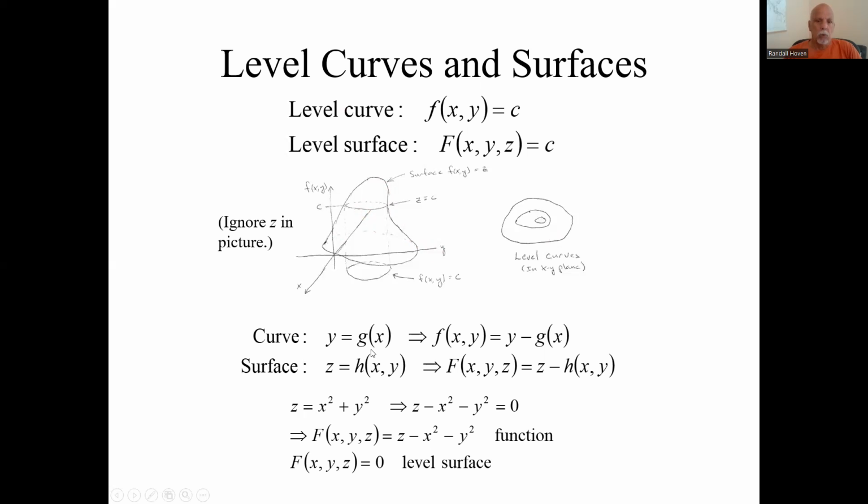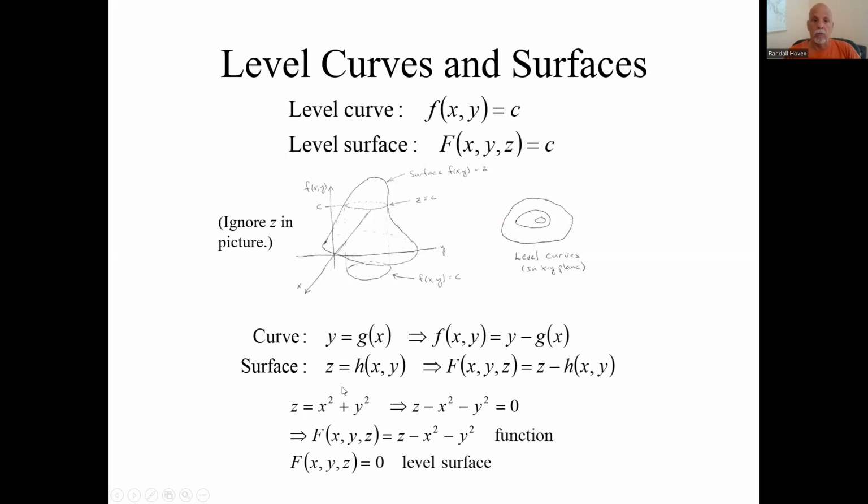So usually one of the first things we need to do, a lot of times if you just have a function of x and y, so y is some function of x, we make a level curve out of it by just getting all the variables on one side. So here was a function we will use. We'll just subtract the right side from the left. So here now is a function. If I set it equal to something, I would get a curve.